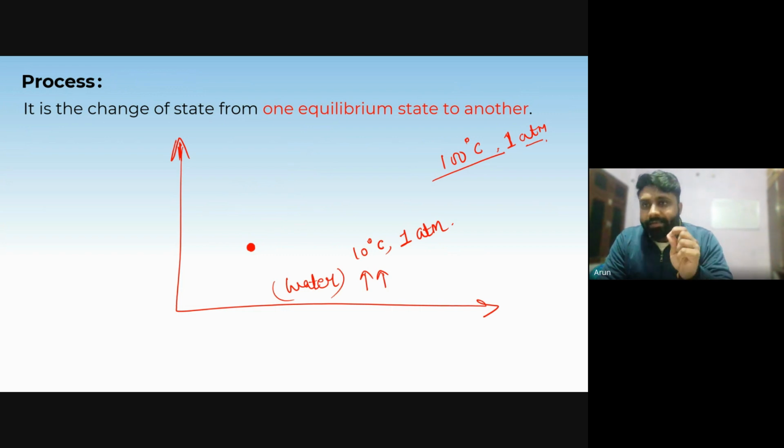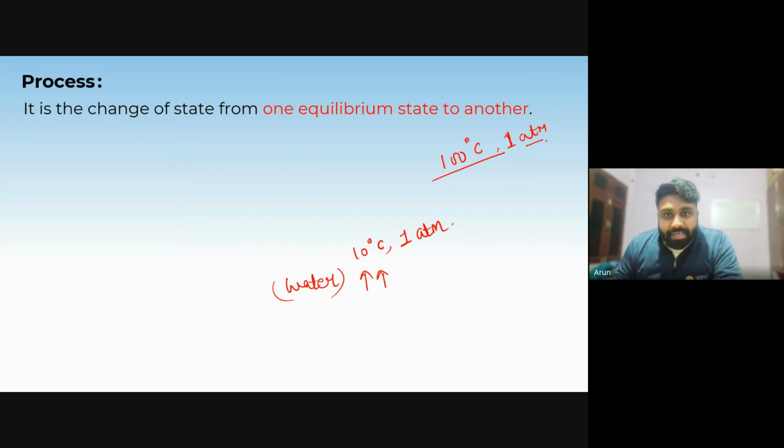So you can only say anything about the state when the system is in equilibrium. This is a very important statement that I'm making. You can only describe the state of a system, any system, when it is in equilibrium, which means it is not changing the pressure, it is not changing the temperature, and not the volume also. Got it?